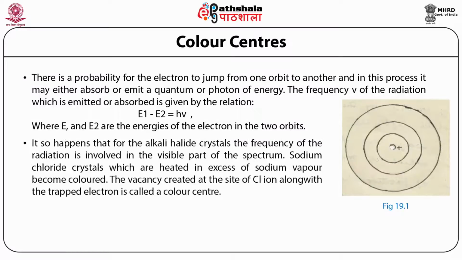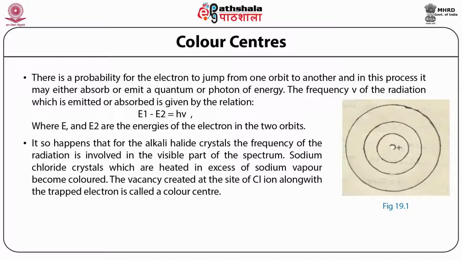It so happens that for the alkali halide crystals, the frequency of the radiation falls in the visible part of the spectrum. Sodium chloride crystals, which are heated in excess of sodium vapor, become colored.